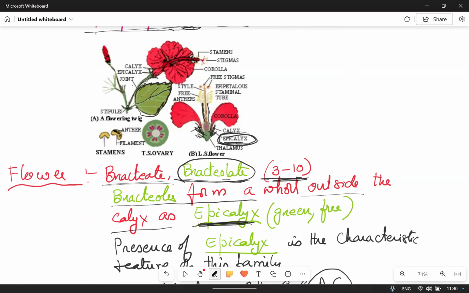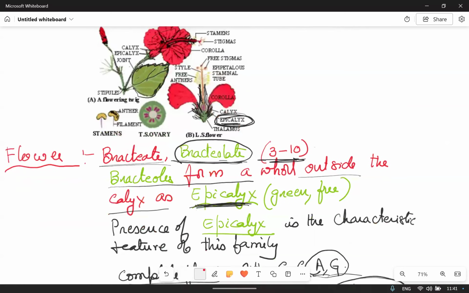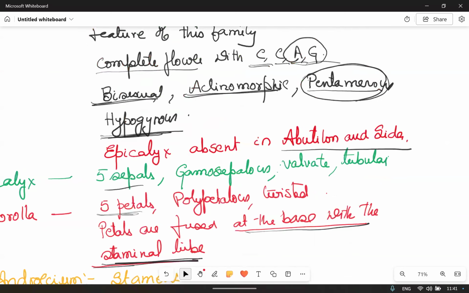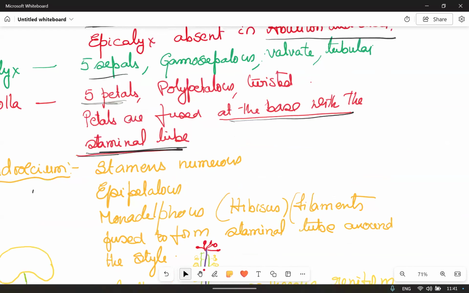Filaments are fused; cohesion you can see. To this staminal tube, at the base, these petals are fused. Very important.